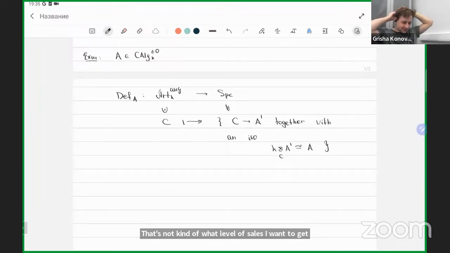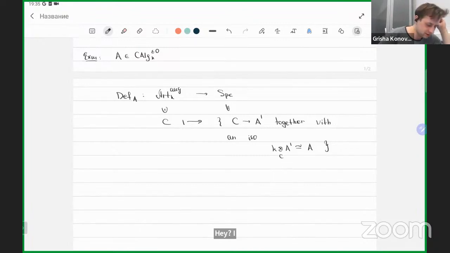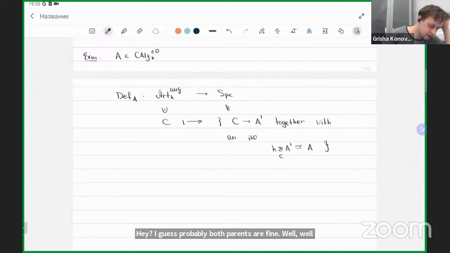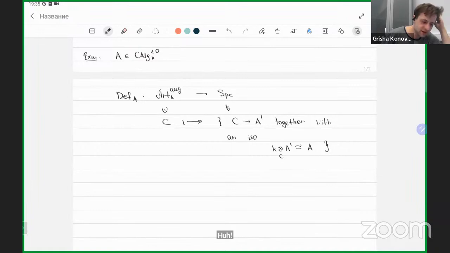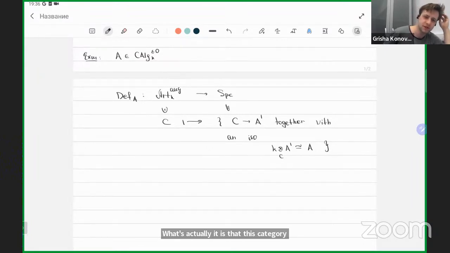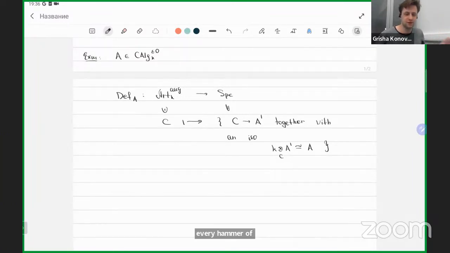I guess probably both variants are fine. What we actually need is that the infinity category of spaces up to weak homotopy equivalences exists, and that it's suitable for constructions. Okay, thank you for the question.